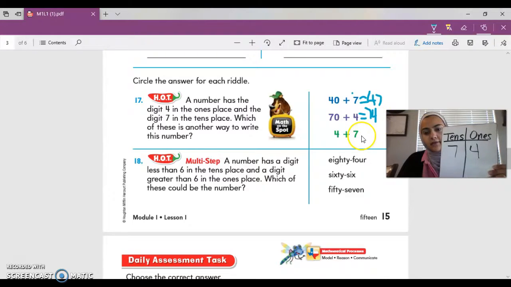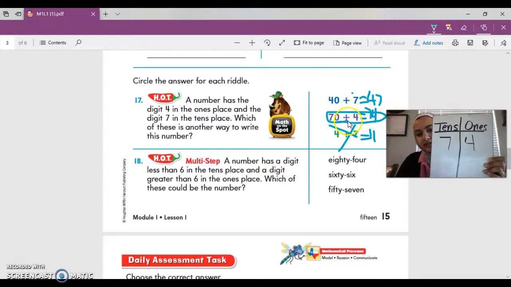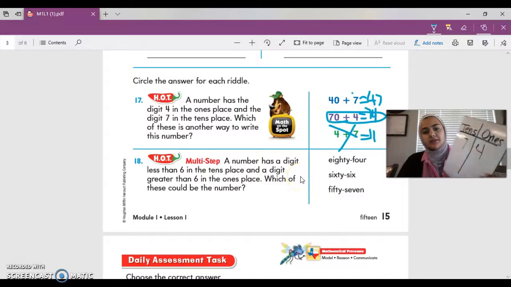And 4 plus 7 is 11. Does that even make sense? Big fat no-no. Which one of these looks the same as this? The middle one, 74. 70 plus 4. So circle that. Let's look at the next one.